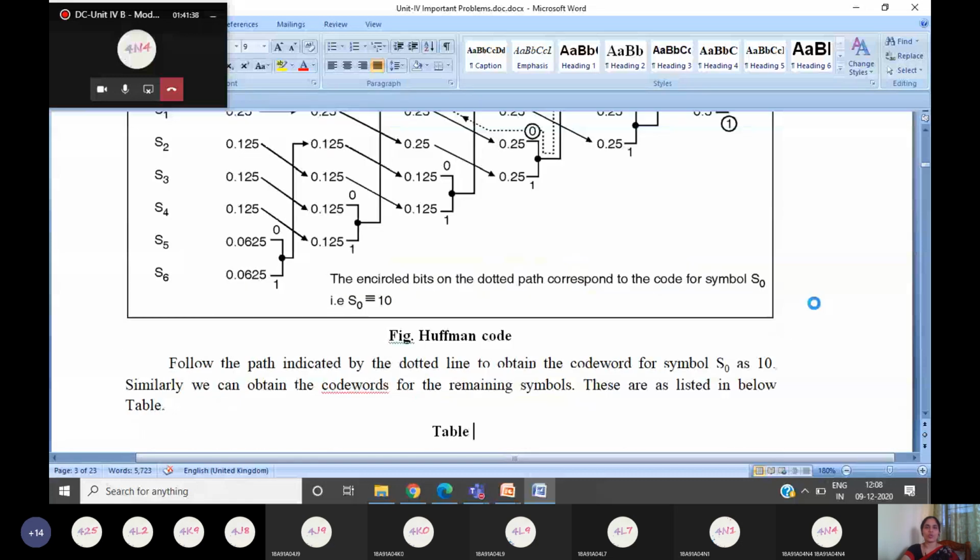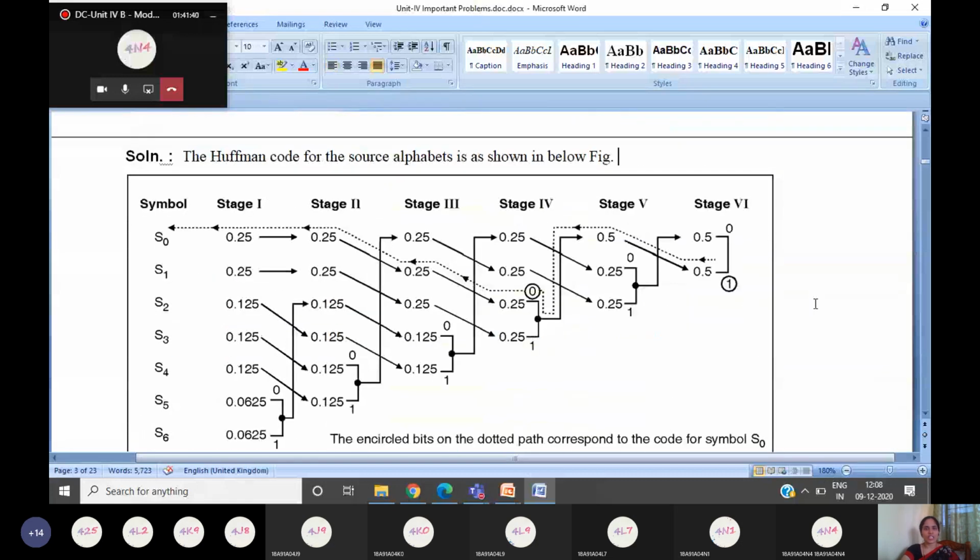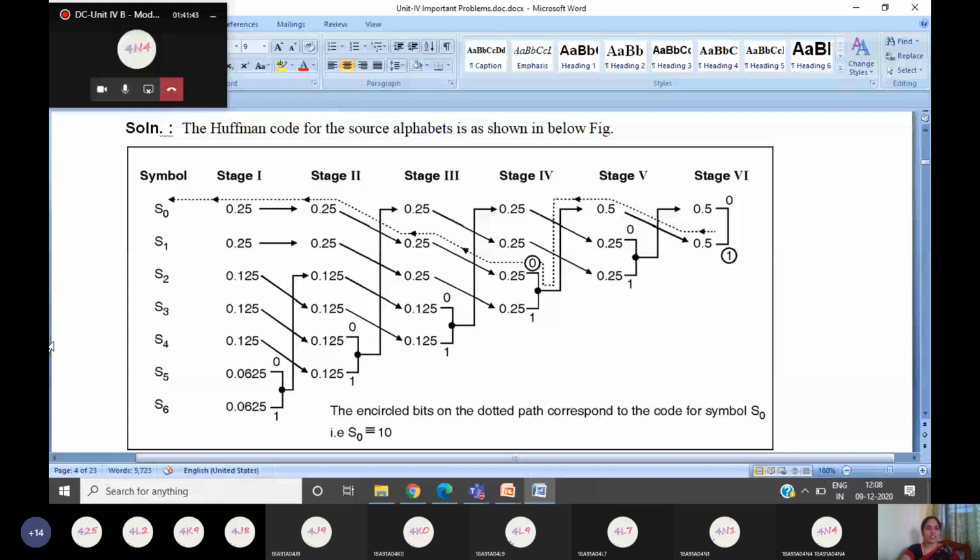So now you can move to the table. In the table, what is the first step? The first step is common for both source encoding and the Huffman coding process: represent all the symbols. Before representing the symbols, first check whether the probabilities are in decreasing order or not. The symbols are represented with non-increasing, or decreasing, probabilities.